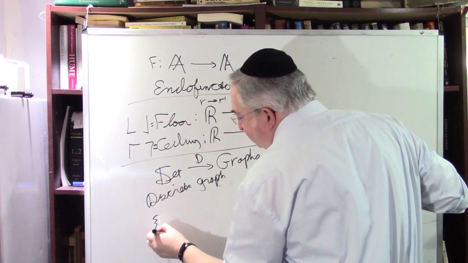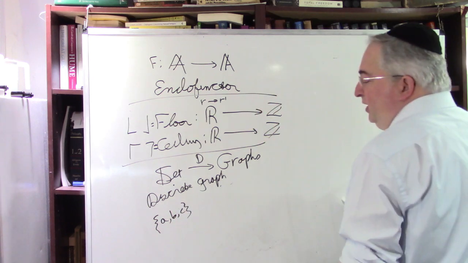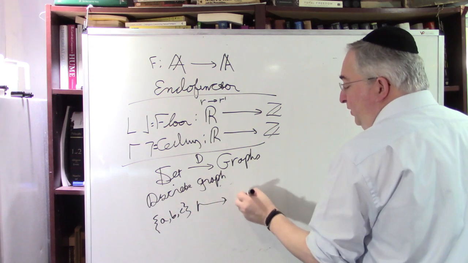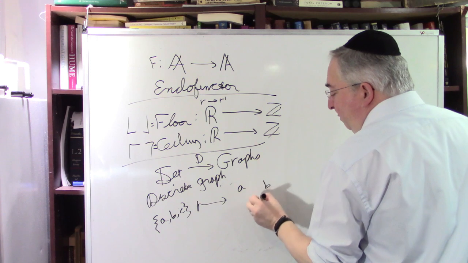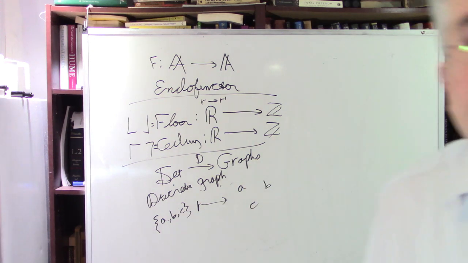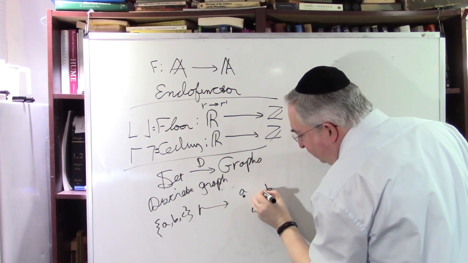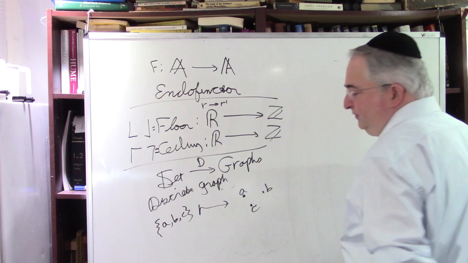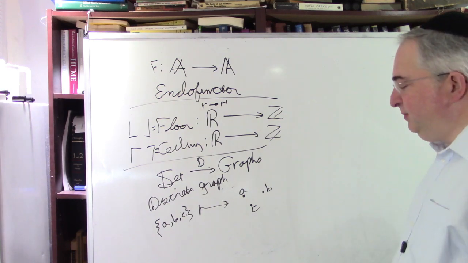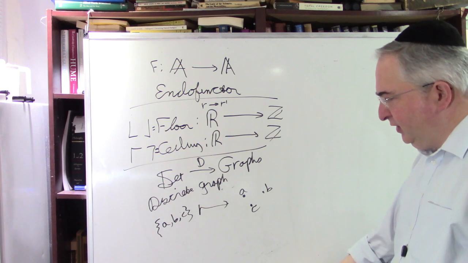Given a set, let's just do a simple example, A, B, C, this goes to the following graph, where the discrete graph is just 3 vertices, no morphisms in between them, no edges, no nothing. So that's the discrete graph.